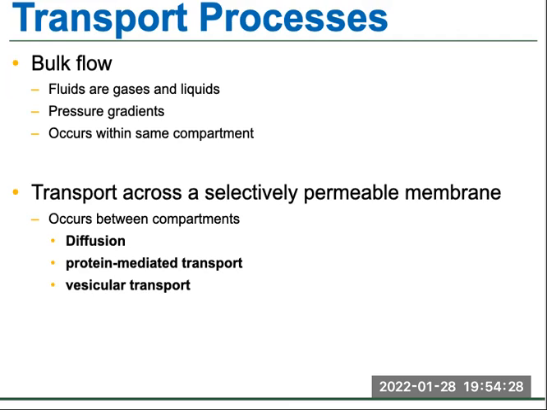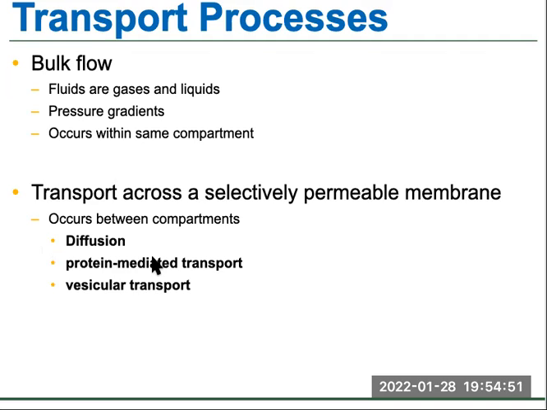Now, there are different ways of categorizing how molecules move across membranes. One way separates it according to the physical requirements, whether it moves by diffusion directly through the phospholipid bilayer. So that's our simple diffusion. Or does it require the aid of a membrane protein?